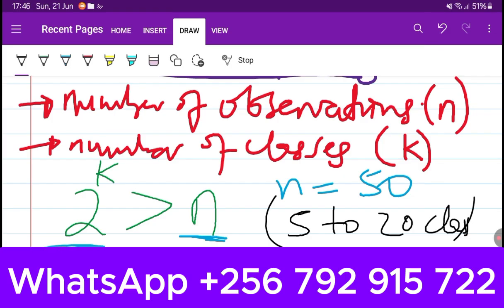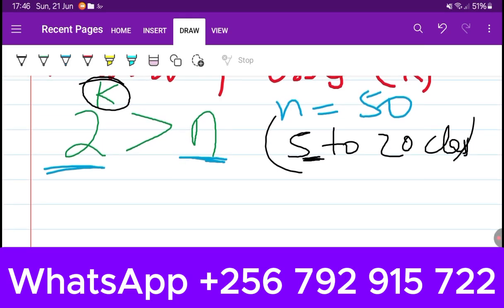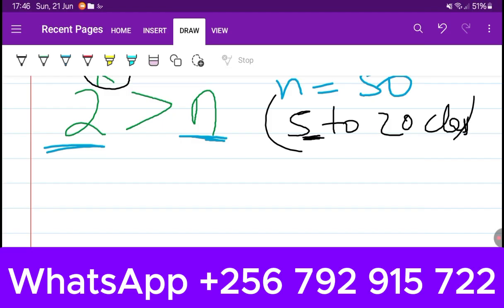The assumption is that at least I should have 5 classes, and that's our k, because those are the classes that we are trying to look out for. Now, you are going to be doing some computation, solving this small equation. You say it is 2, but at least I should have 5 classes. 2 power 5.